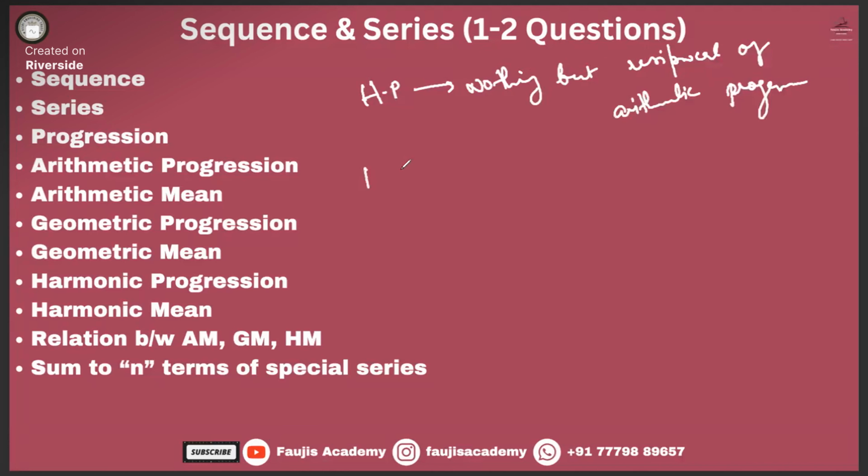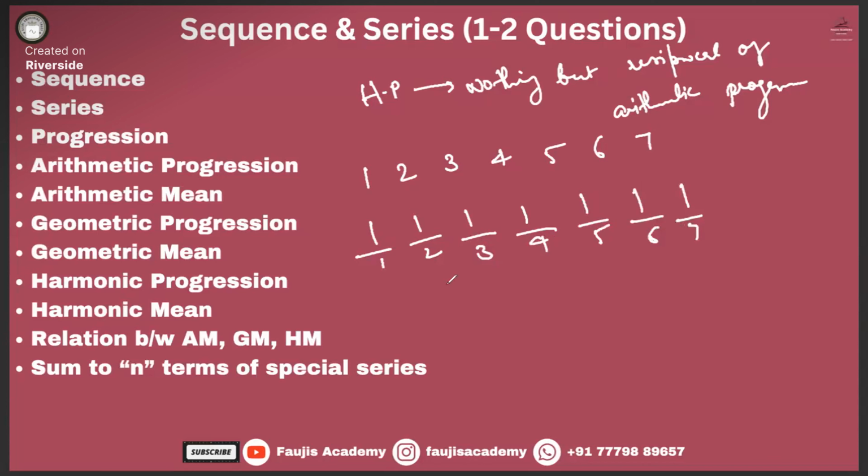Let's say 1, 2, 3, 4, 5, 6, 7. What is the reciprocal of it? 1, 1 by 2, 1 by 3, 1 by 4, 1 by 5, 1 by 6, 1 by 7. Or 2, 6, 10, 14, 18, 1 by 2, 1 by 6, 1 by 10, 1 by 14, 1 by 18.